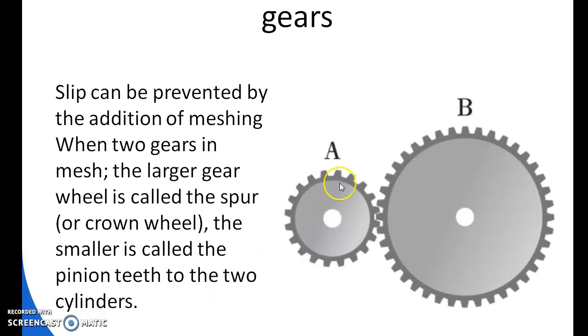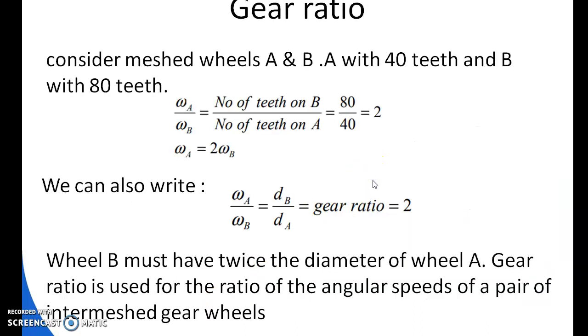So in a gear drive we have a most important term, that is gear ratio, or velocity ratio. Consider a meshed pair of gears A and B.